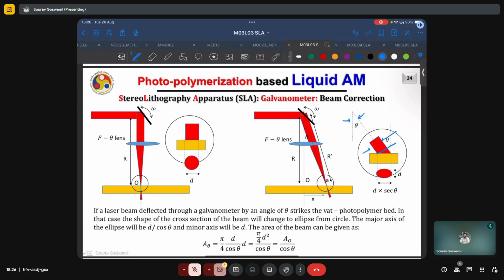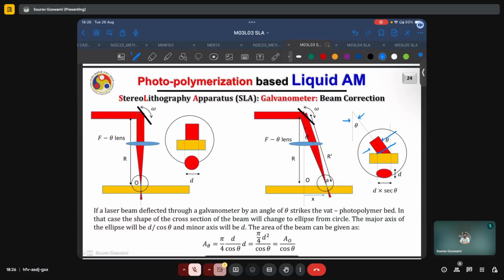And the overall effect of this would be a change in area of the laser beam spot. While the incident power continues to remain the same, it is now distributed differently in space. Because of this different distribution, the energy intensity at a point will change.